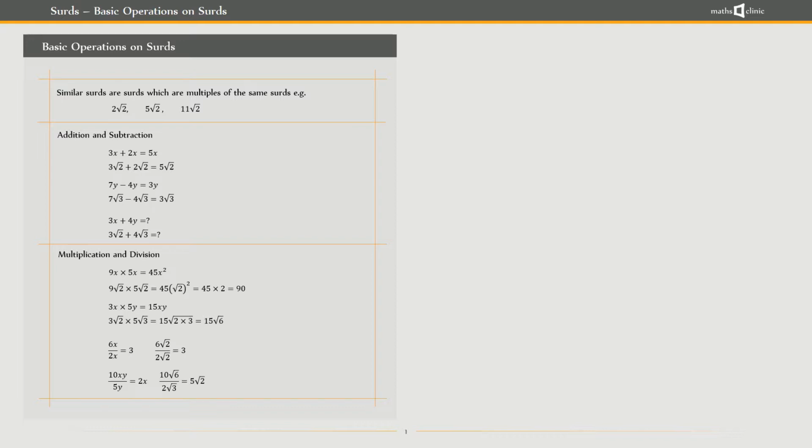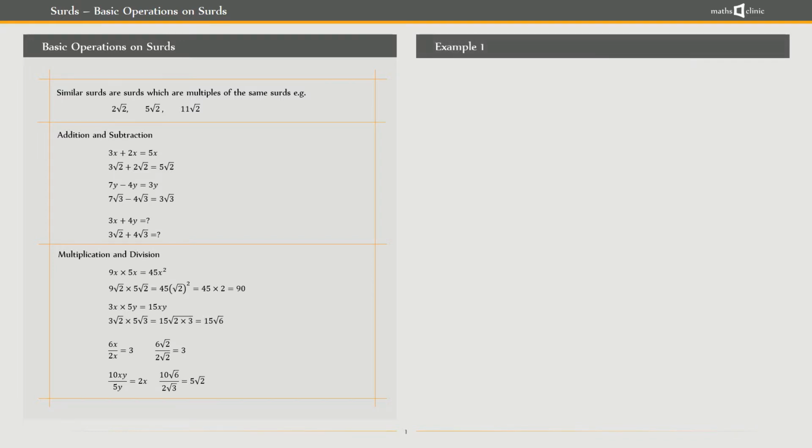So anytime you're working with surds, have that algebra mindset at the back of your mind. They're very similar, no difference at all to the way we work algebra. So let's go ahead and solve some examples.